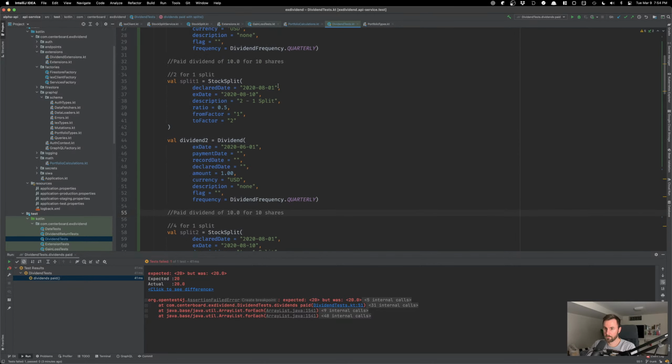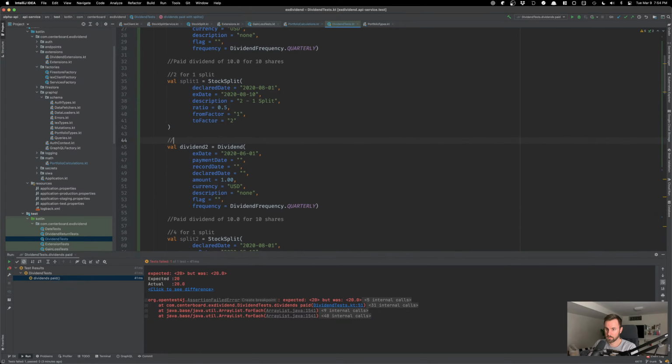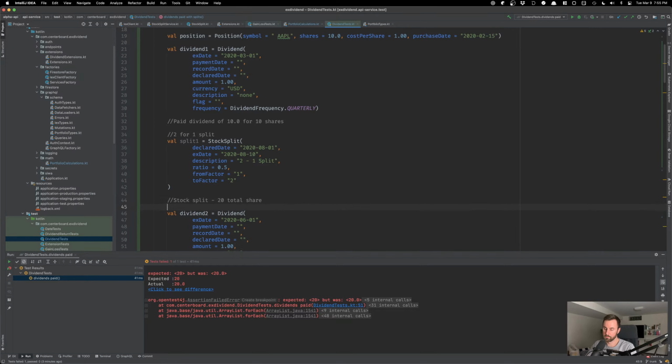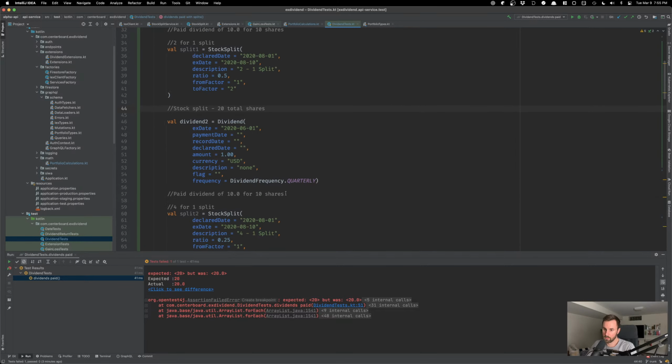And what does that mean? So that means that we now have two shares for every one share that we had. We had 10 shares, so now we have 20 shares. Right? Then we're going to be paid a dividend, and this dividend likely is going to go down.